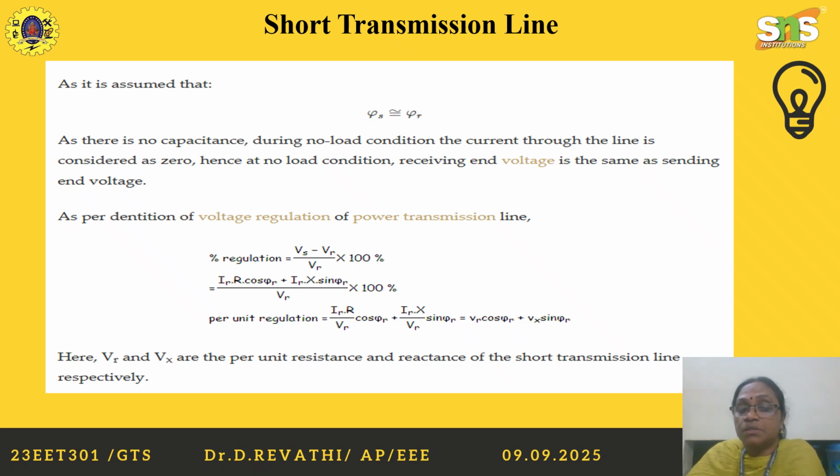Voltage regulation is (Vs minus Vr) divided by Vr into 100, and efficiency is the receiving end power divided by the sending end power, that is receiving end power plus losses. This is how we calculate the efficiency and regulation for the short transmission line.